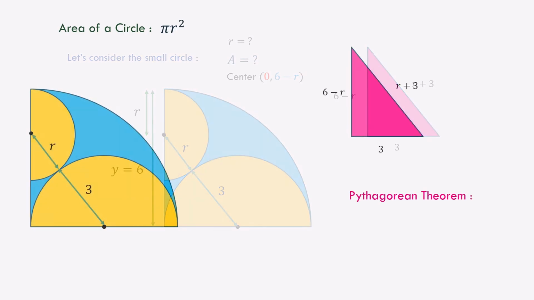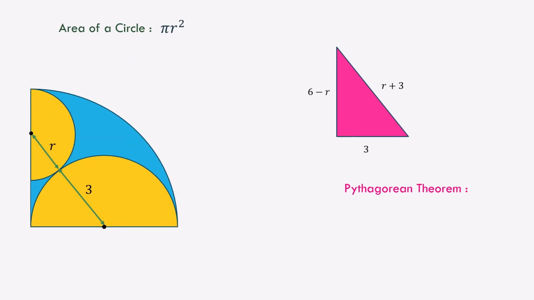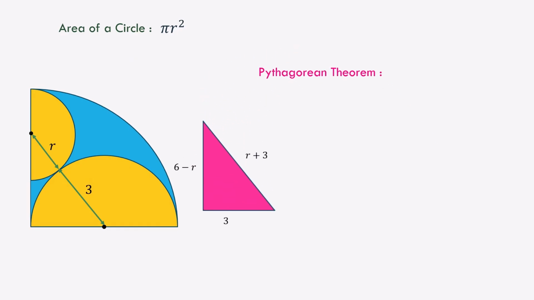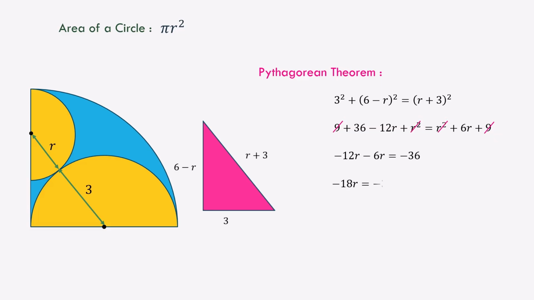Now we can use the Pythagorean theorem. So we have base squared plus height squared equals hypotenuse squared. Now we just expand the equation and simplify everything. After simplifying, we finally have, yes, the radius of our smaller semicircle is 2.